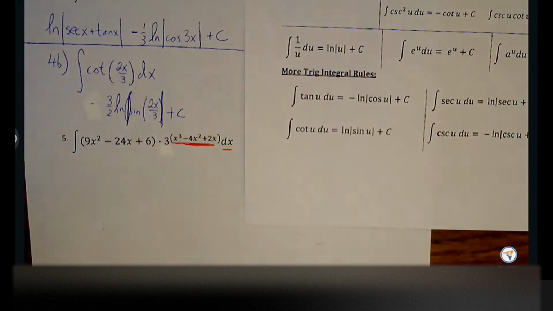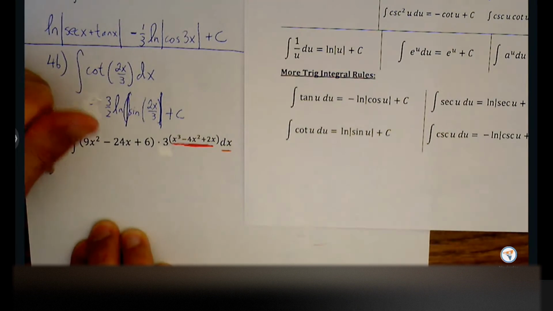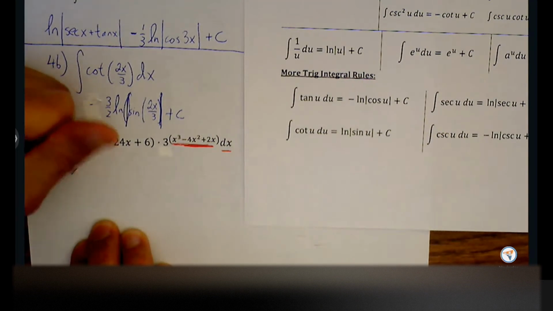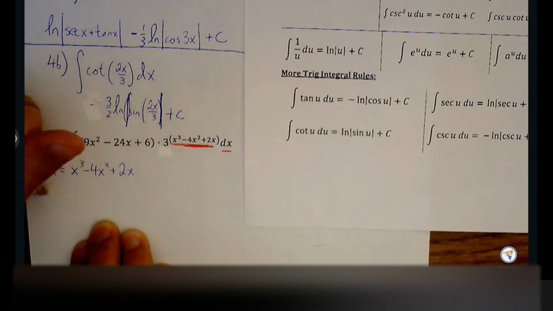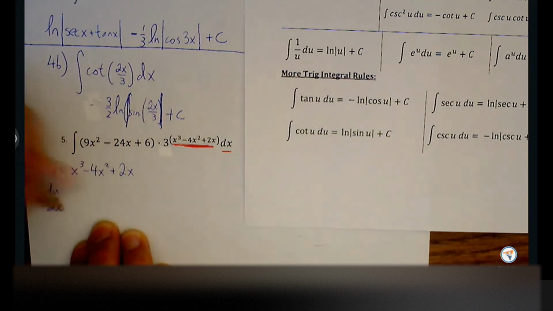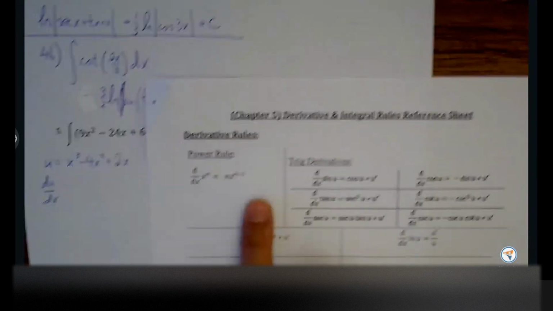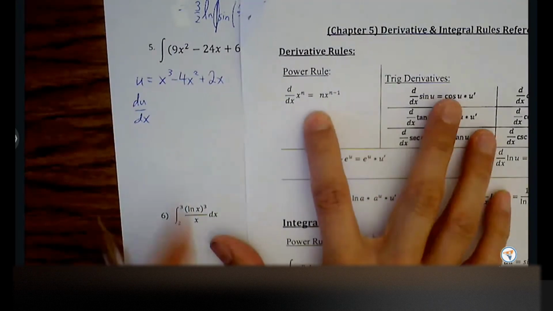Okay, all right. You want to try this? So if my u value is x cubed minus 4x squared plus 2x, what's my du dx? All right, now we can move back to the derivative power rule here.